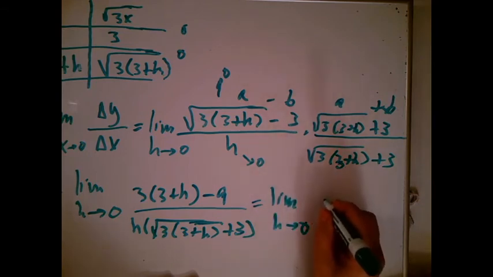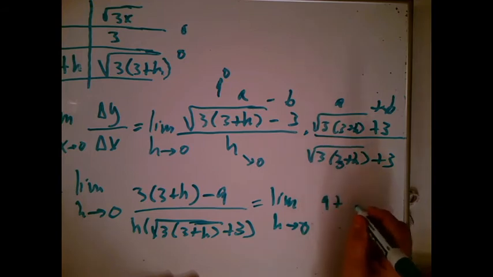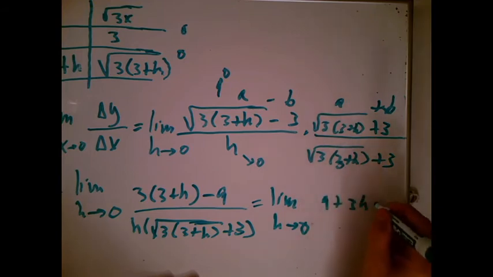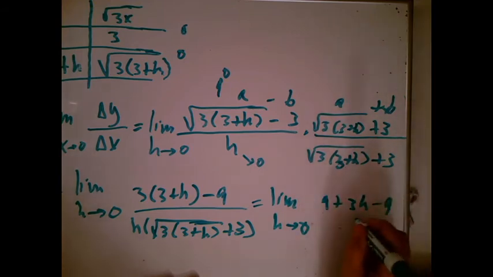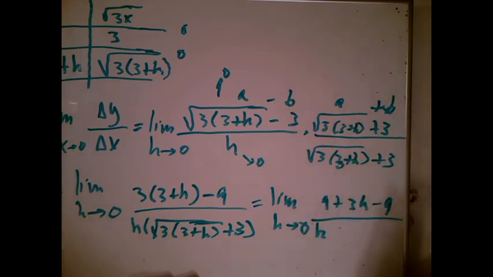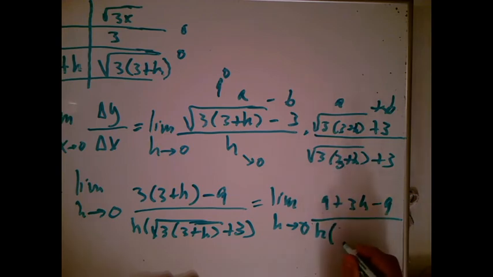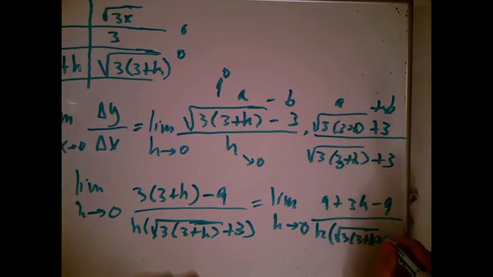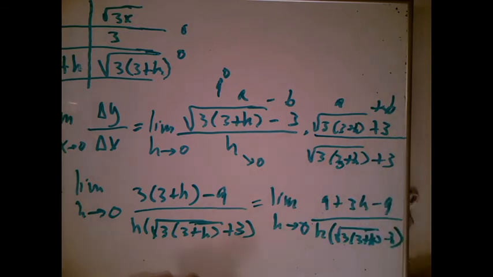I'm going to get 9 plus 3h minus 9 all over our mess. I get h times the square root of 3 times 3 plus h plus 3, like that. And we can barely see it.